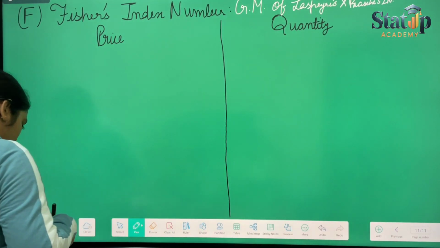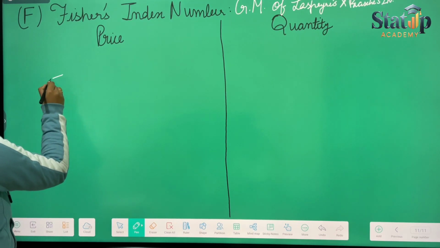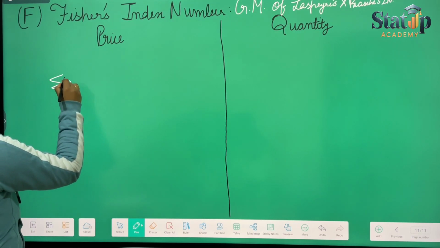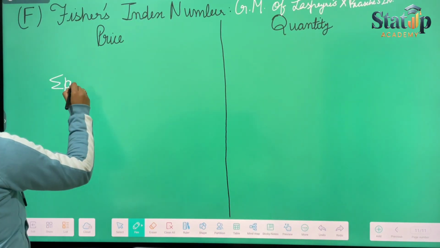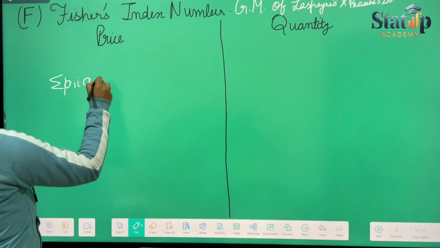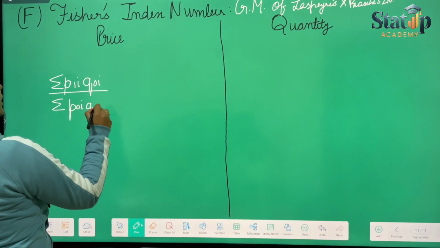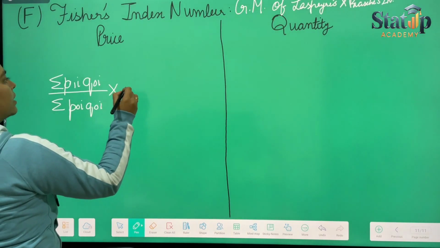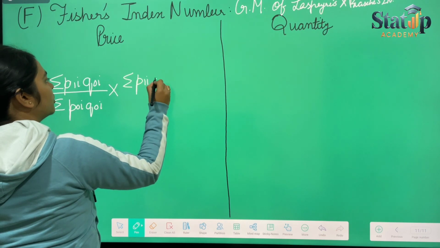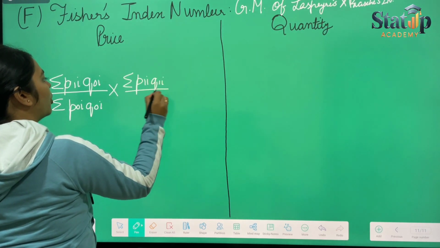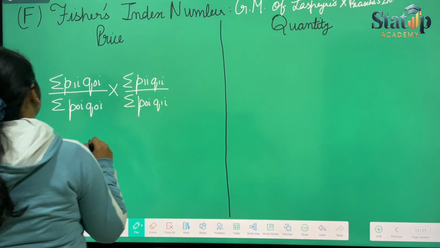Now what is Fisher's price index number? Since we know that Laspeyres is summation P1i Q naught i upon summation P naught i Q naught i, this is Laspeyres, and summation P1i Q1i upon summation P naught i Q1i, this is Paasche.